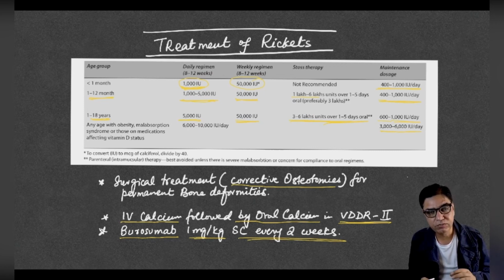Some books even say 0.8, but it's rounded off to 1 milligram per kg subcutaneous, given once every 2 weeks. Sometimes it has to be given for the rest of life as well. So the important thing is this newer monoclonal antibody, burosumab. Just remember this in case you are asked in the exams.